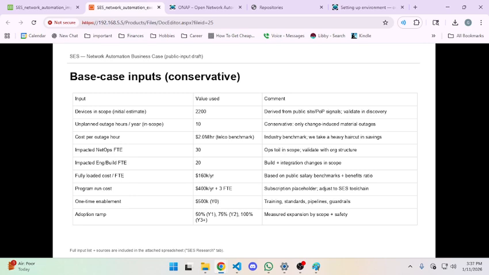So I estimated 2,200 devices. I got that from public site slash POP signals. So we're going to need to validate that, but that's the number I got. Then I estimated the number of unplanned outage hours in a year. So really conservative estimate. I estimated that there were only 10 hours of that.